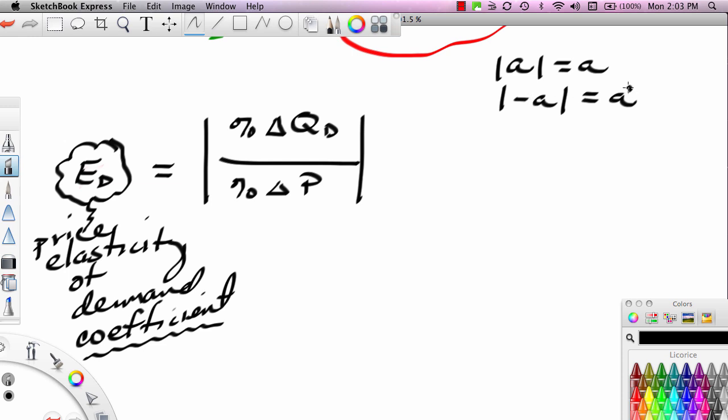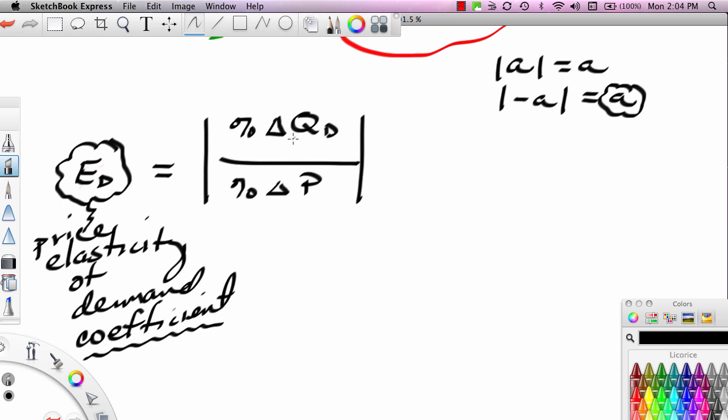We're interested in magnitude, the size of the number, not the sign of the number. Notice this number will always be negative, and that's why we have to apply the absolute value signs to it. Think about it. If P goes up, Q goes down. So if the change in P is positive, the change in Q will be negative. So a negative over a positive is a negative. If P goes down, well, what happens?